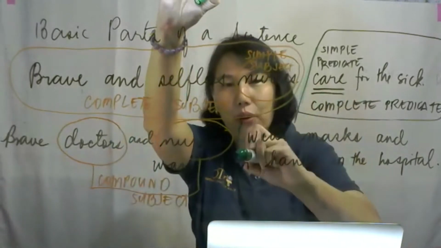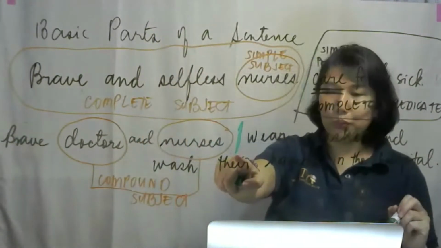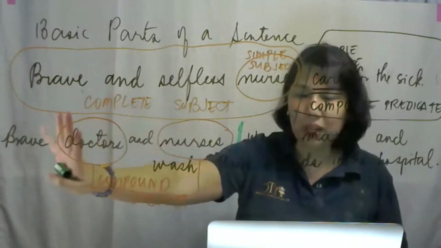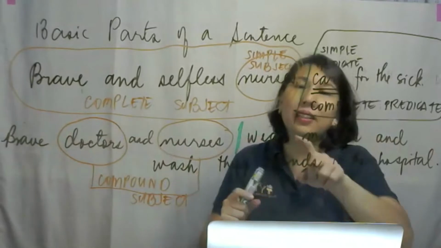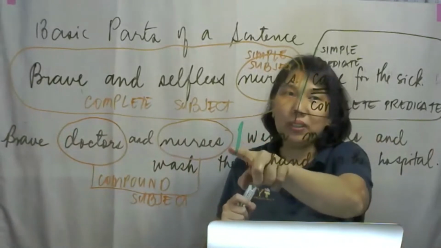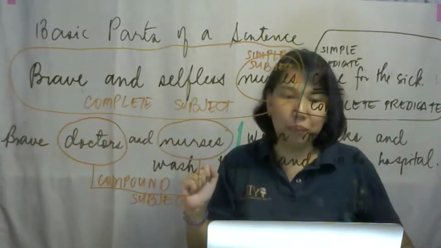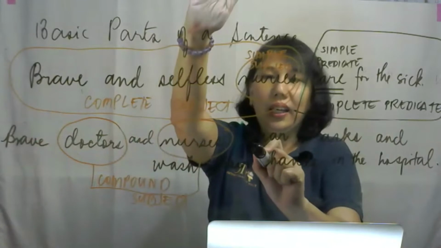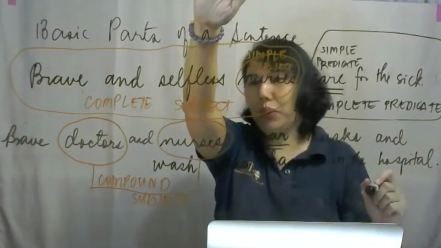I already found the verb, so I'm going to draw the green line here. I hope you can see it. This green line separates the subject part from the predicate part. Now this is a verb. That is why I put this slash here to separate this part from the subject. This is our verb, and we have another verb. Wear masks, and where's the other one?